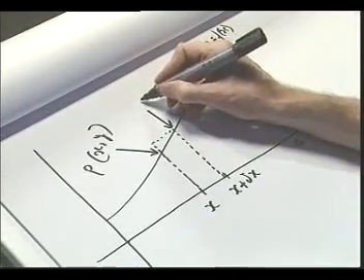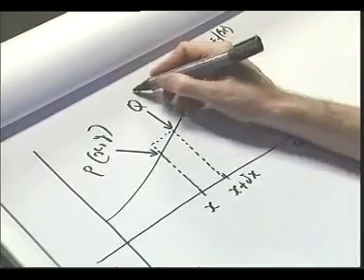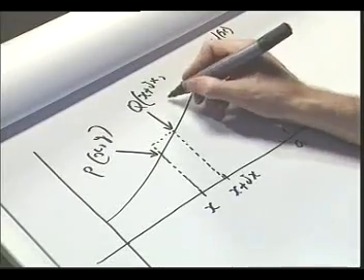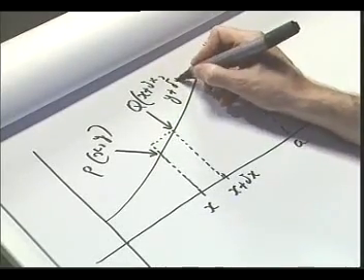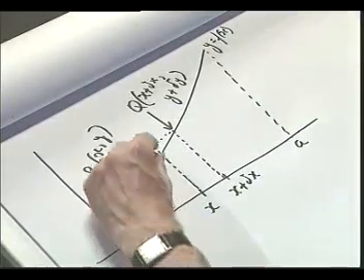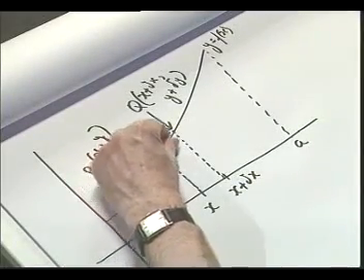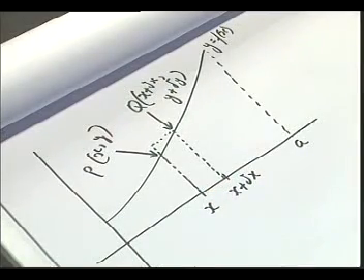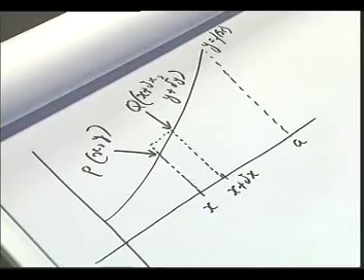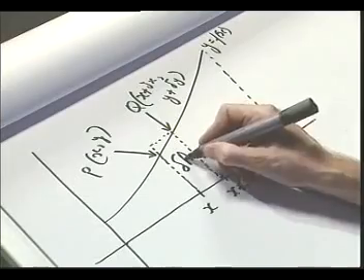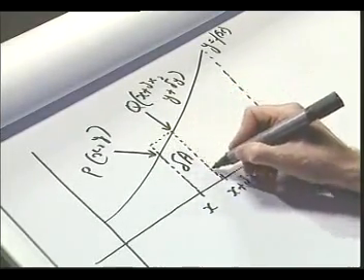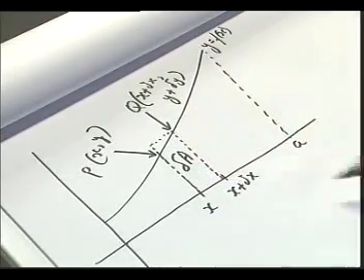Well, the coordinates of this point, let's call it the point Q, are x plus delta x and y plus delta y, where delta y is that small increment there that we've added on as a result of the small increment that we made in x. Let's say that the area under the curve is delta A. So this is the area delta A.